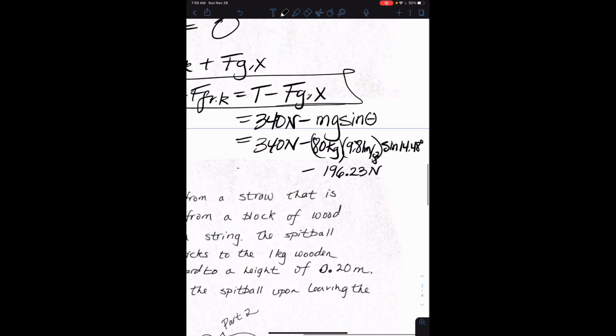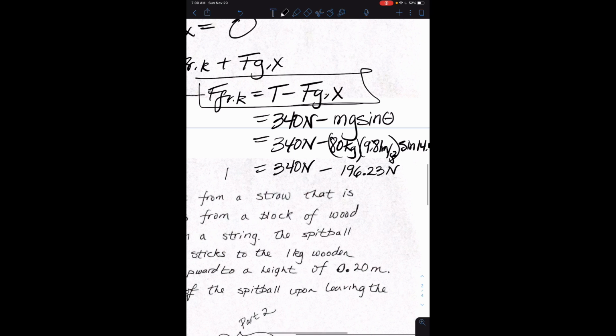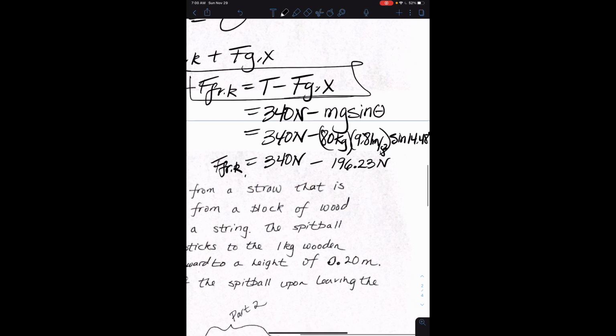And what we were solving for over here, if you remember, is force friction kinetic. All right, so we do the 340 minus the 196, and we see the force friction kinetic is actually equal to 143.77 newtons.